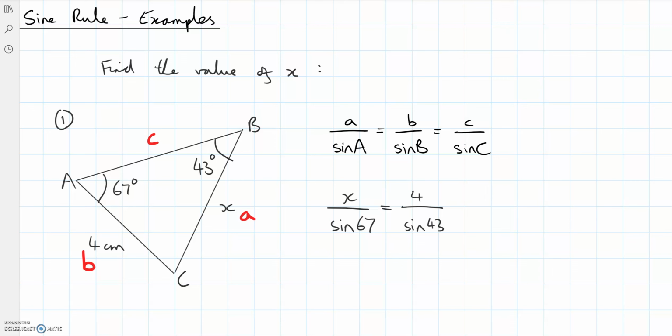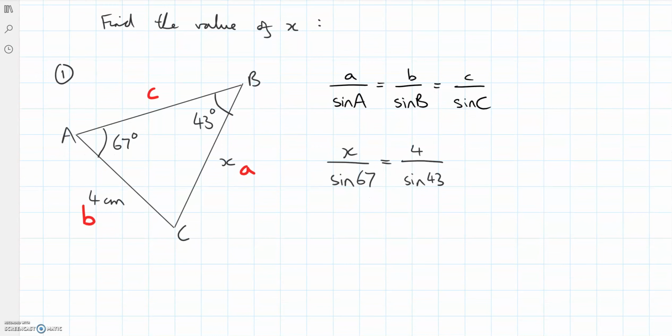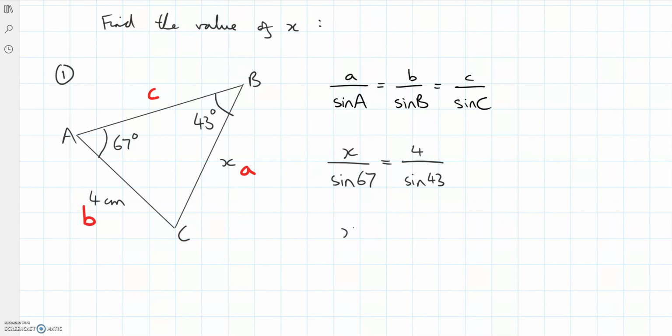So remember, in this, x is the value of the length. That's the thing we're trying to work out. Here, x is divided by sine 67. Remember, sine 67 is one thing. It's just an ugly number. So we're going to treat it like that. So if we're dividing by sine 67, we can multiply both sides by sine 67.